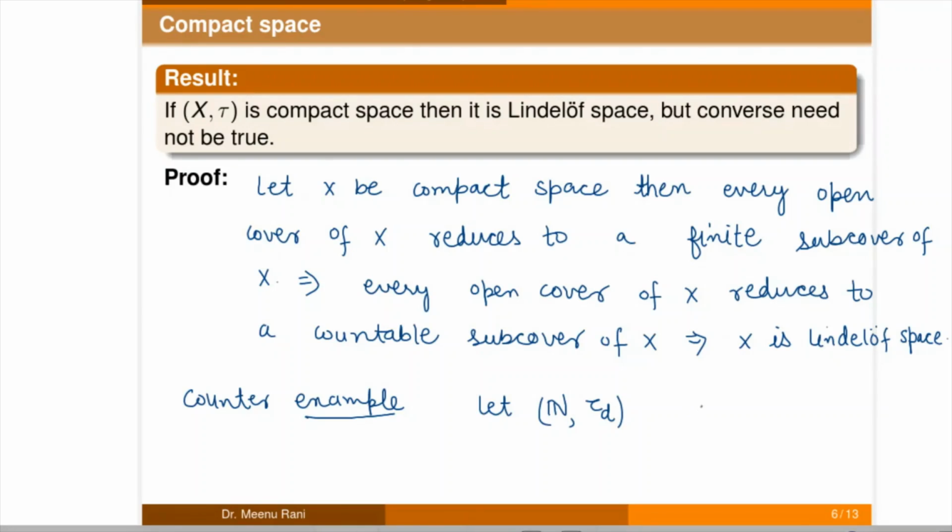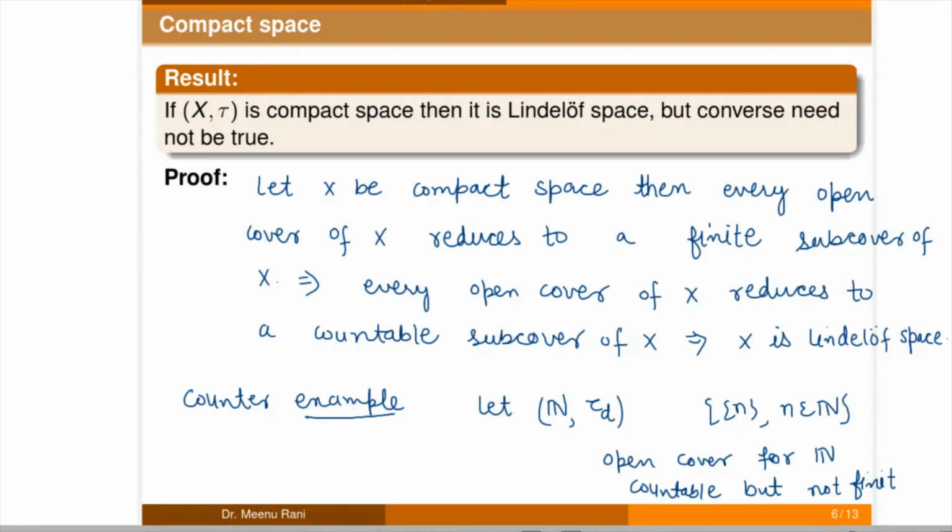So if we take the collection of open sets singleton {n}, where n is a natural number, this covers the natural numbers because it contains all natural numbers. So this is an open cover for the natural numbers, and we know that the set of natural numbers is countable. So it is a countable open cover, but not finite. So it is a Lindelöf space but not a compact space.